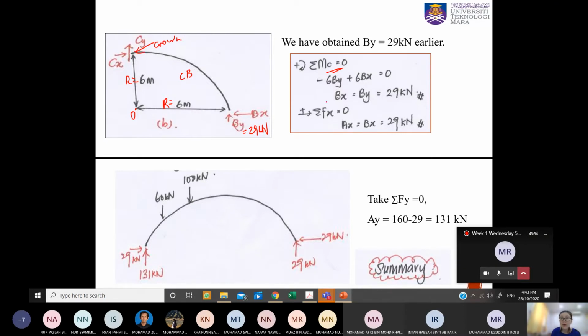So now we have 6 BY, from this 6, and it is acting counterclockwise, and then 6 BX, and this BX is multiplying with this 6. So now you can solve for your BX, also 29 kilonewton. Then taking summation Fx, you solve for your AX.